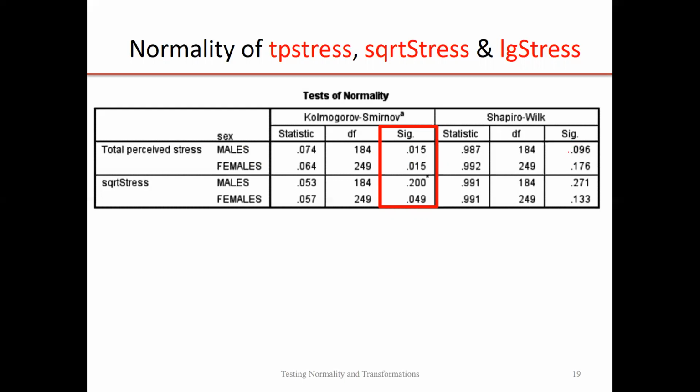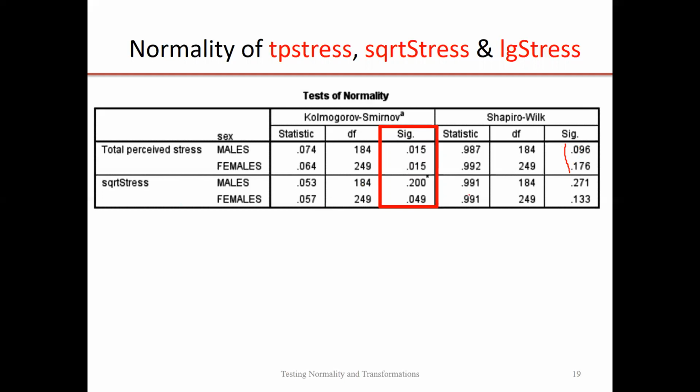If I consider tpstress directly without any transformation, Shapiro is saying that the data is normal because both p-values are more than 0.05. So it is much better to consider the tpstress variable without any transformation with the help of the factor variable, which is gender. When gender is considered, the data becomes normal without any transformation.